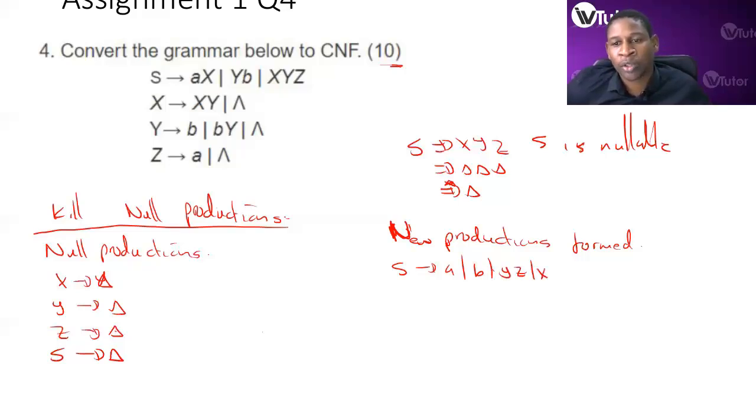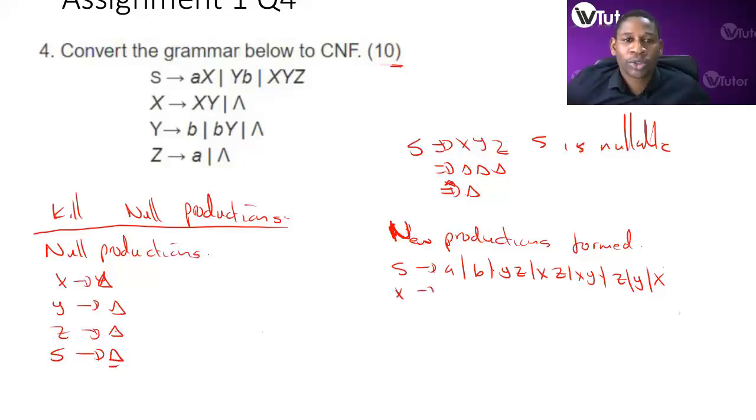If Y goes to null, we remain with XZ. If Z goes to null, we remain with XY. If XY goes to null, we remain with Z. If XZ goes to null, we remain with Y. If YZ goes to null, we remain with X. We've already listed S going to null, so if we eliminate all 3, it goes to null, so we already know that S goes to null.